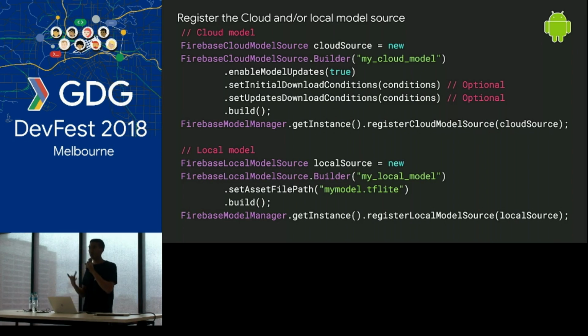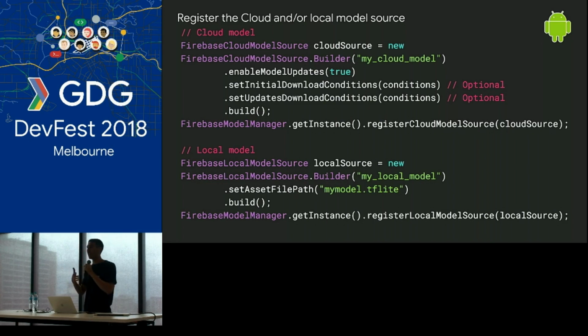So what ML Kit lets you do is you can run a local model that's included in your binary, or you can reference the cloud model that's based in the Firebase console, or you can do both. Okay? And if you do both, it's going to use the local one first, and in the background it's going to go and pull down the remote one, and then it's going to replace it when it can. And it does all of that for you automatically. You just have to tell it where to get those models from. And that's what's happening here.